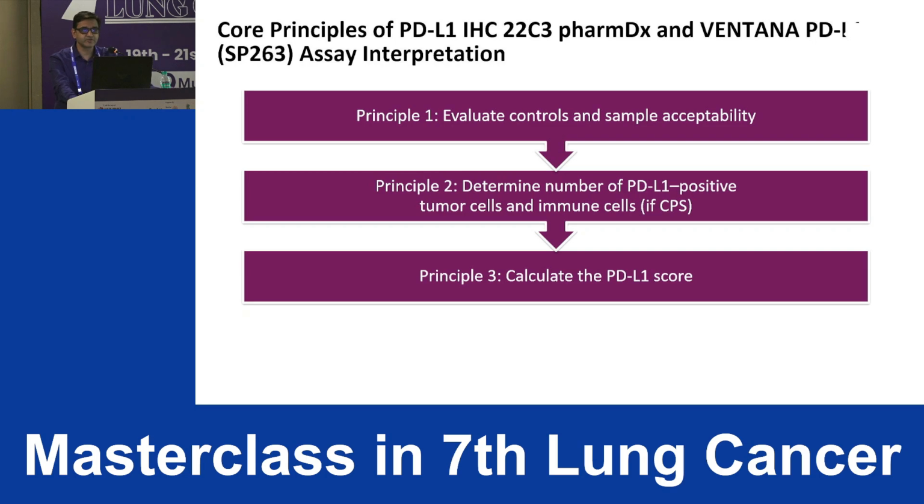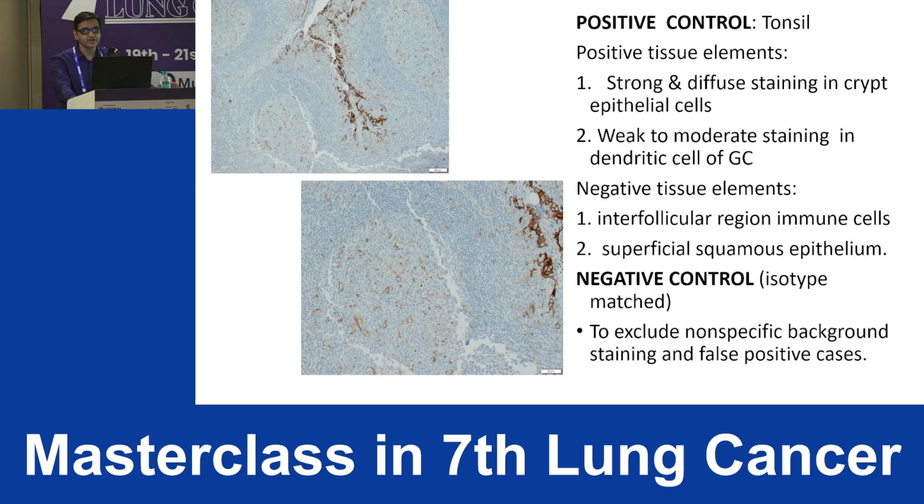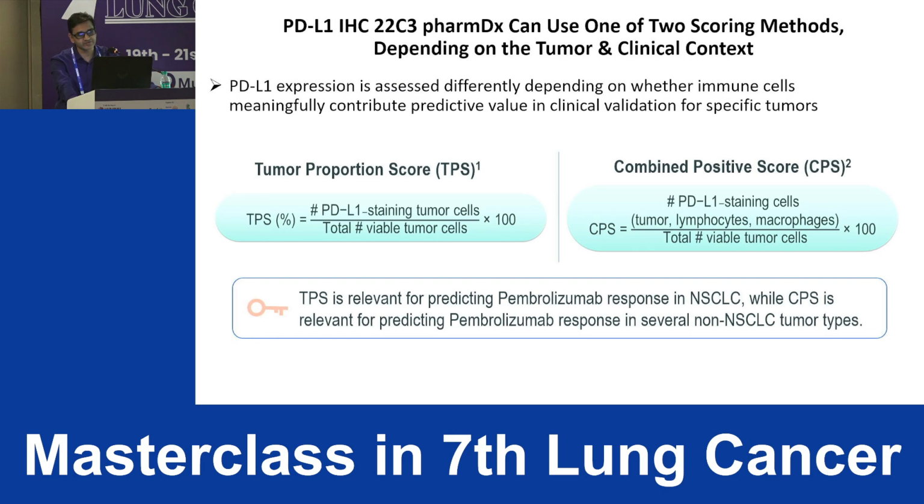Then assess the number of PD-L1 positive cells, and if you are using immune cells, we have to count them only if we are using CPS, which is not the case in lung, and then finally give a score. For control tissue, we commonly use tonsil as an external control, because it gives variable staining, so we will not miss any positive or negative scoring.